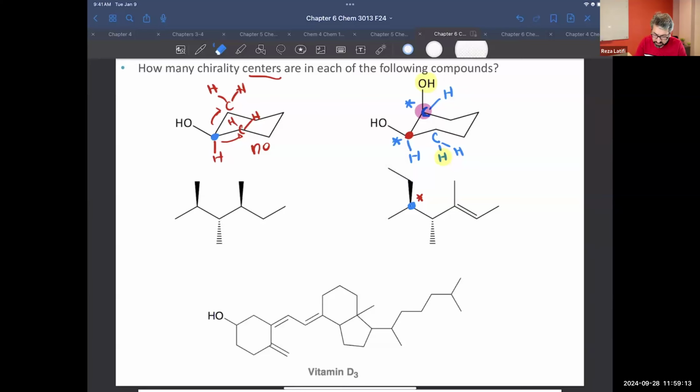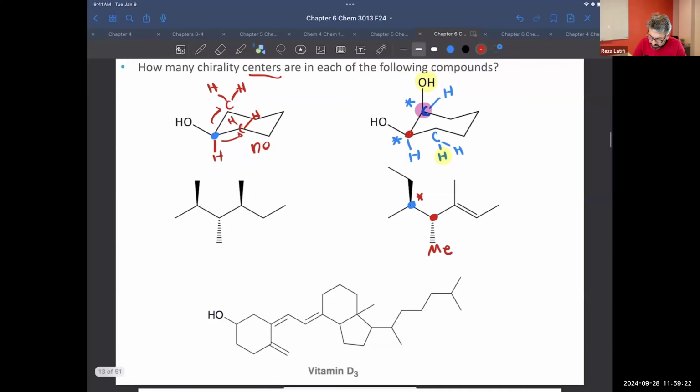Let's talk about this carbon. What do we have attached to it? We have a methyl, a substituent, and the next substituent, the entire rest of this. Those two substituents are not identical, and methyl of course is different. The fourth one is going to be hydrogen. So that one also is a stereocenter.